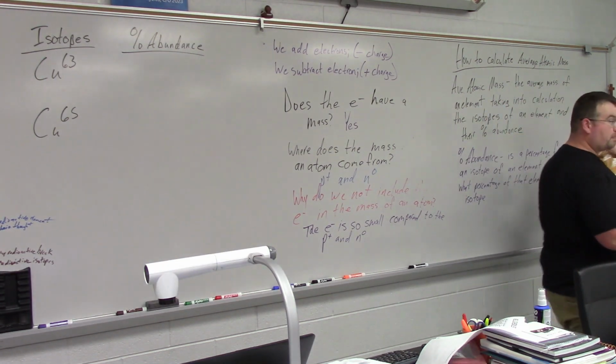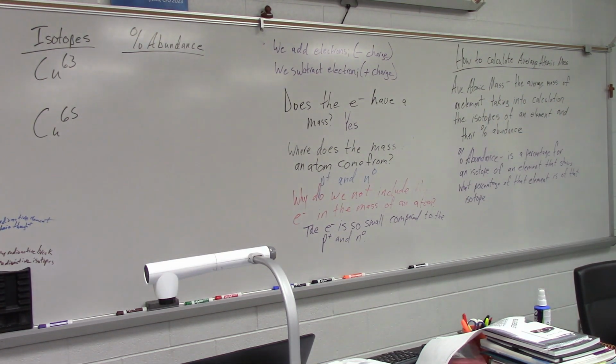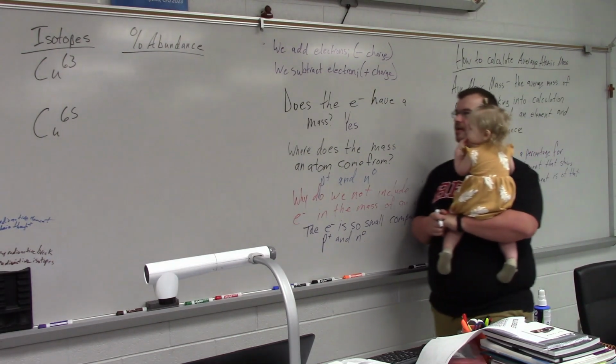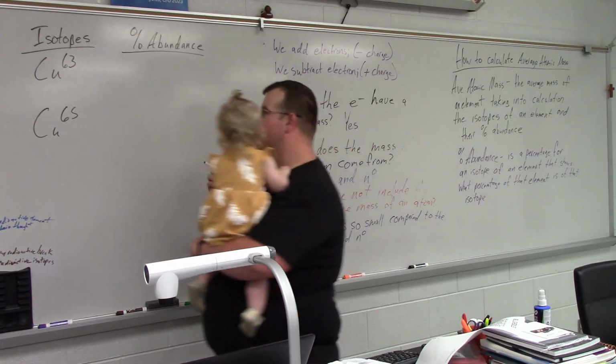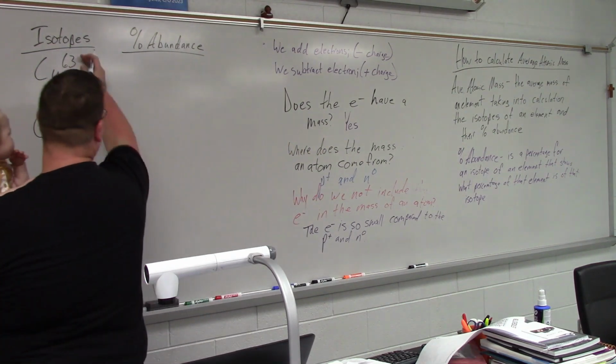So those numbers up there are the what? Atomic mass. Thank you. So the 63 and 65 is atomic mass, and that's the mass of those isotopes.